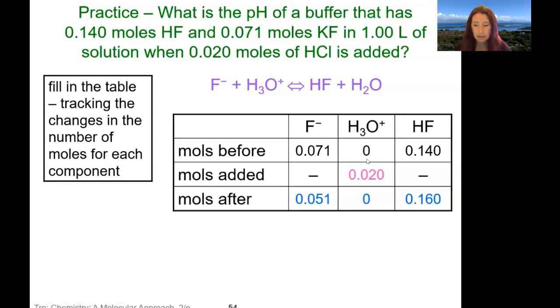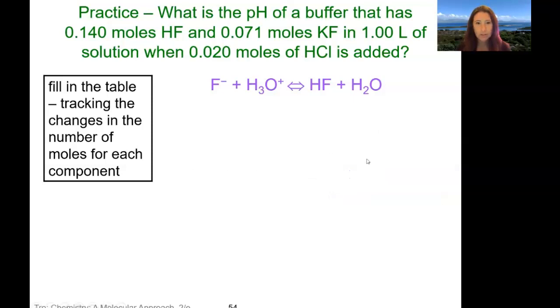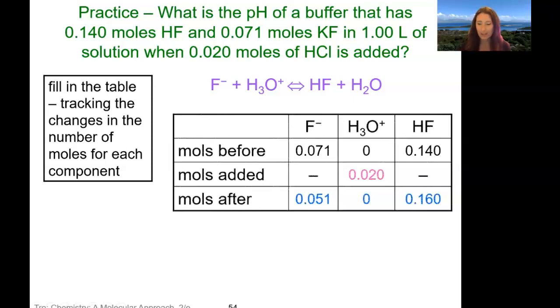Again, here's the amount of F minus we started with and our HF. If we add this, the F minus is going to go down by that amount because these two are going to react together, creating more of our HF.